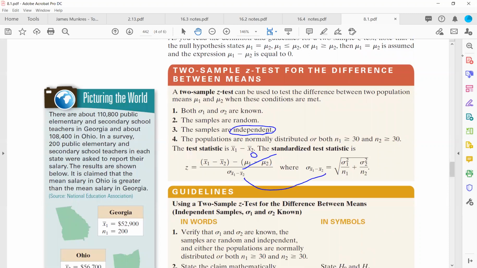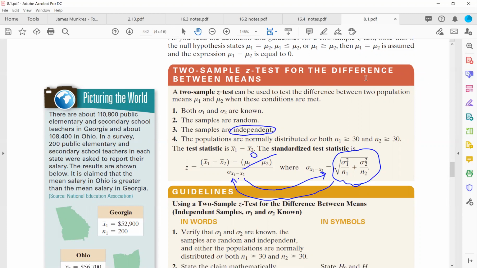Standard error is equal to this radical. So you calculate the standard error and you write it in the denominator. In the numerator, you have x1 bar minus x2 bar.